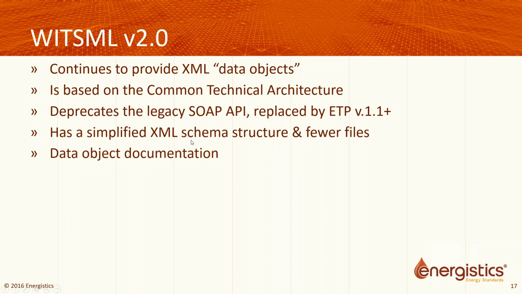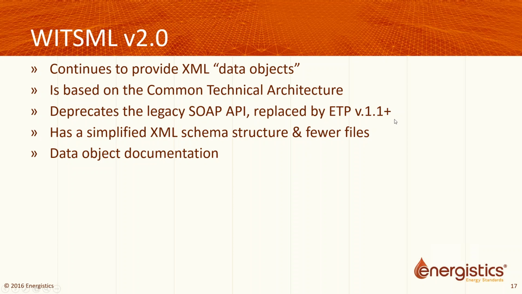One of them is the fact that this new version of WITSML is based on what we call our common technical architecture, which we'll go into some detail on in a minute. That's the underpinning of the new technology, the integration across the MLs, all of that stuff we call our common technical architecture. The old API, which was based on SOAP, which is a web services kind of technology, is deprecated. And we have a new API, which is called ETP, the Energistics Transfer Protocol.